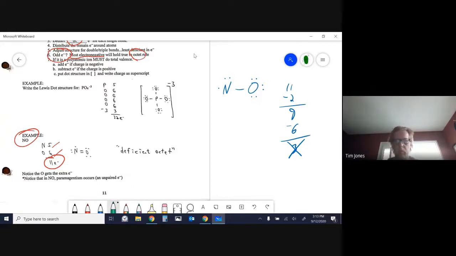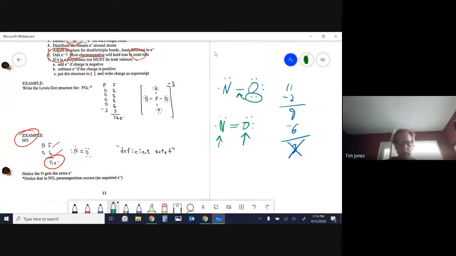What we can do is we can take a pair from oxygen, doesn't matter which pair I choose, make another covalent bond, which gives me this. Oxygen still has 8. Nitrogen now has 7. Because 1, 2, 3, 4, 5, 6, 7. And that's the best we can do.